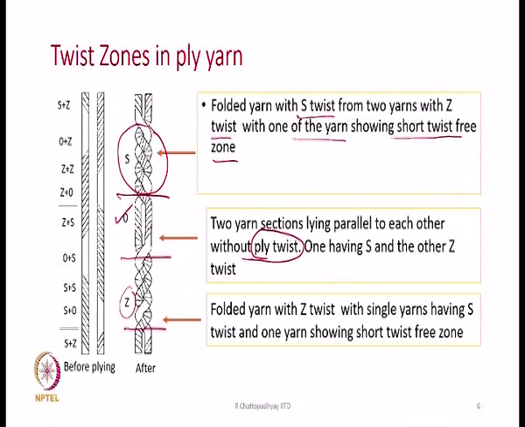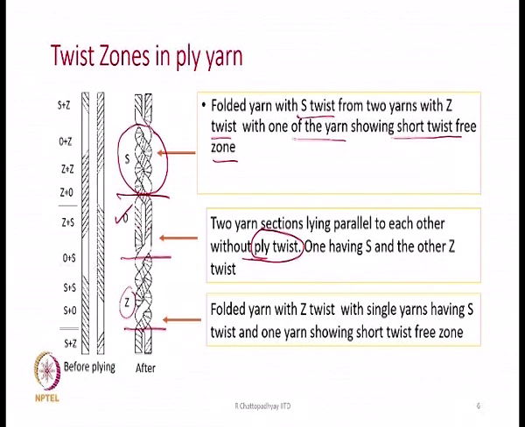If we do not do so, then there will be portions where the yarn will have only the ply twist portions, wherever ply twist is 0, the individual strand twist will also be 0 there, and therefore, the yarn will not have any strength.